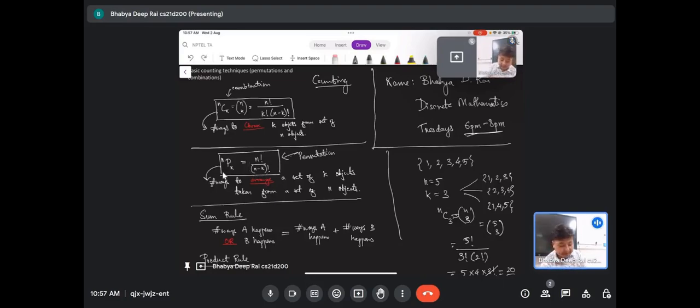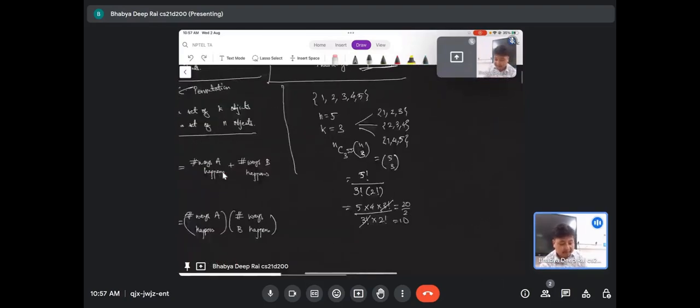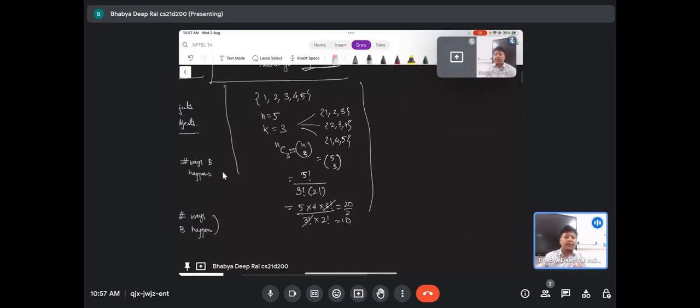So what does a permutation mean? A permutation is not just about selecting objects, not just about choosing objects. A permutation means first you select, so nPk means first select or choose k objects from n objects.